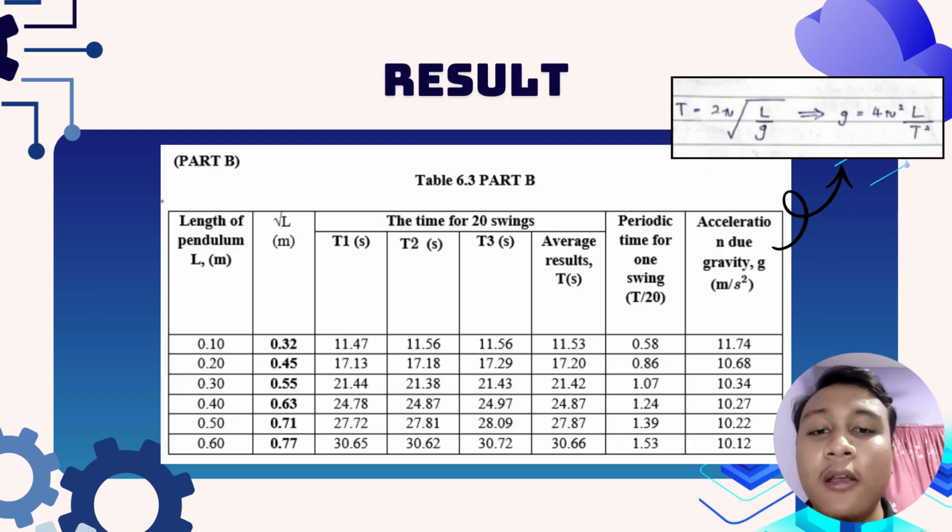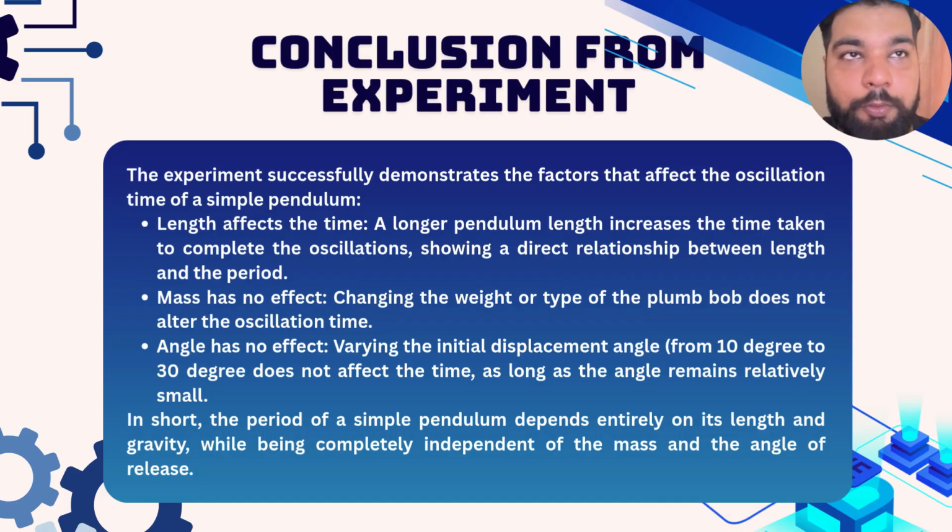And lastly, we need to find the acceleration due to gravity, g, by using the formula T equals 2 pi square root of L over g, or we can simplify the formula to g equals 4 pi squared L over T squared.